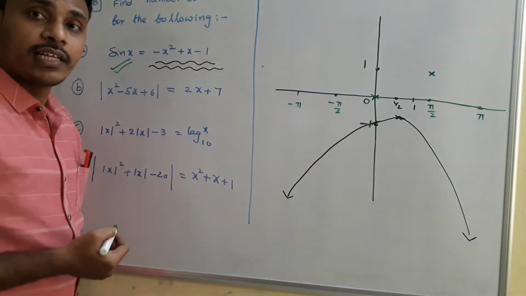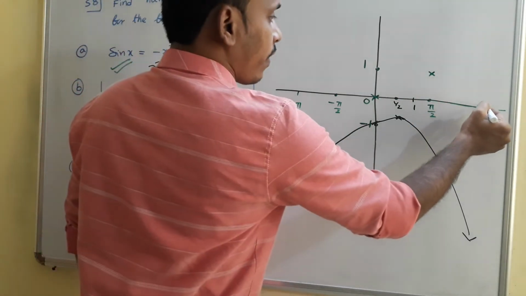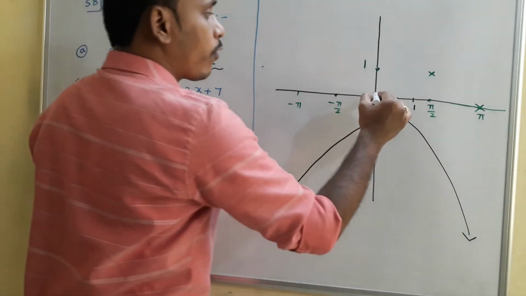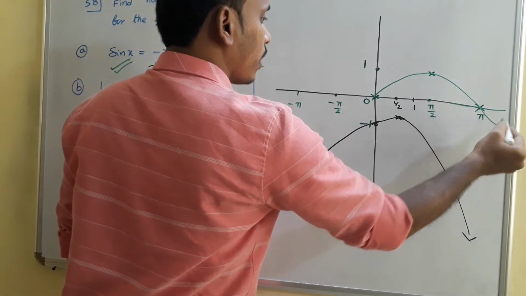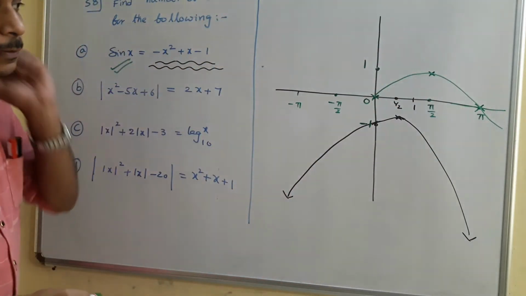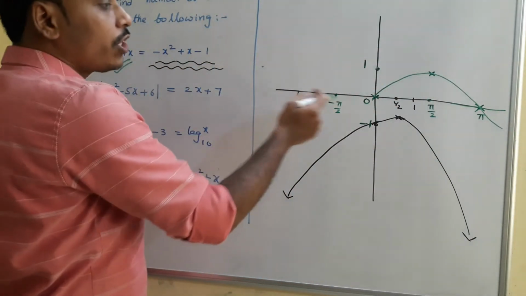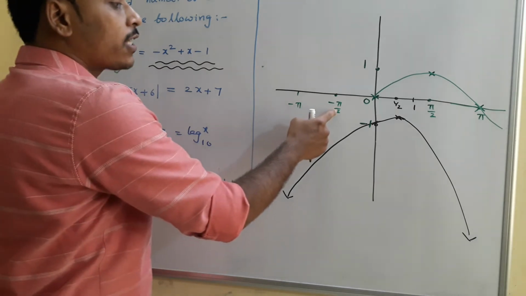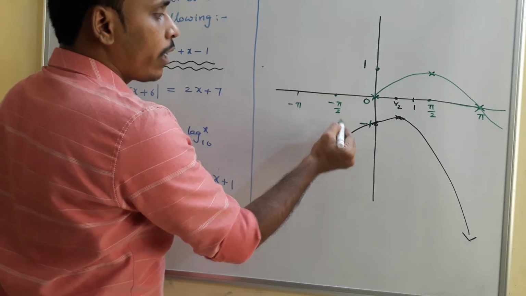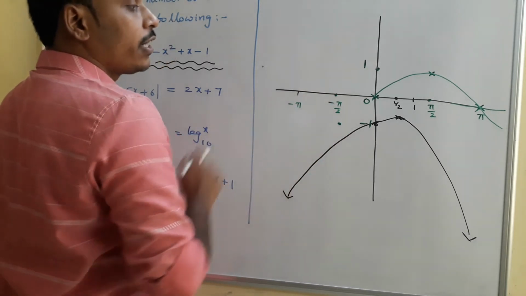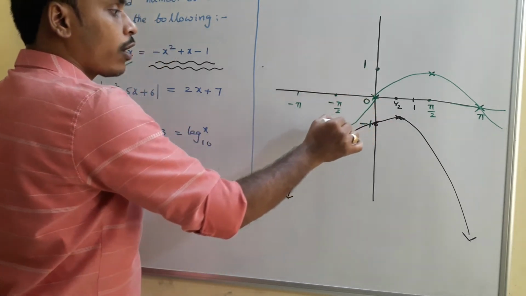Sin of 180 degrees is 0, so this is another point. When you sketch the graph of sin x, the graph will pass through like this. It's actually a wave curve, it moves on like that. In this direction, sine of minus pi by 2 is minus 1, so at minus pi by 2 you will have a point here, and at minus pi it is 0. So the graph goes on like this.